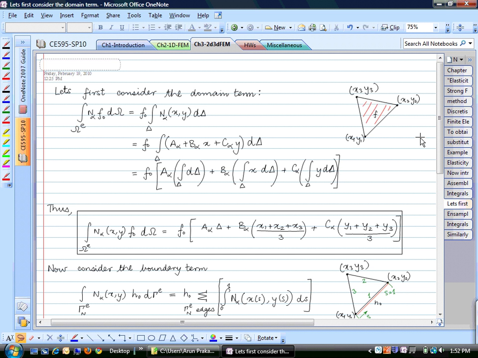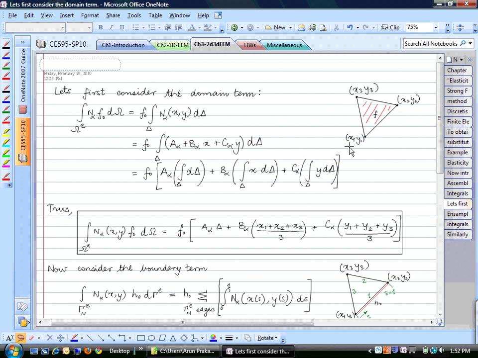Let's consider this domain term first. We want to calculate N alpha times f naught, which is a constant force heat flux scalar, over the domain of the integral. So let's say this is our element.